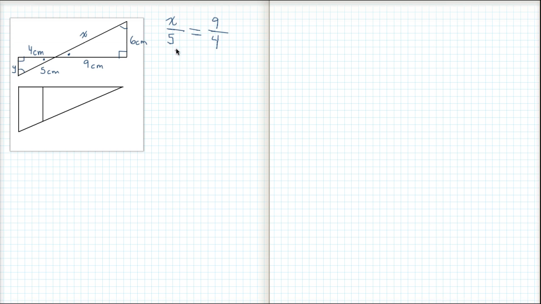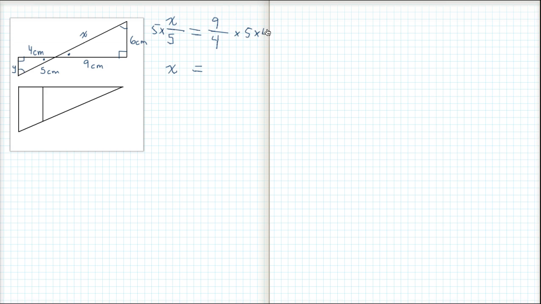Then I have equal ratios, and I'm going to use cross multiplying and dividing to find x. So I multiply both sides by 5 and multiply both sides by 4. And then those 5 cancel and I have x over here.